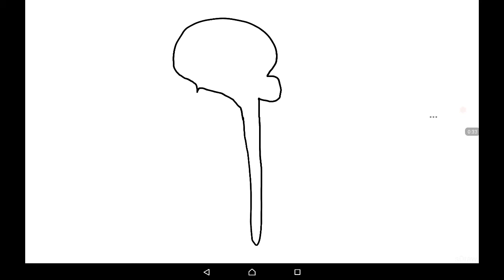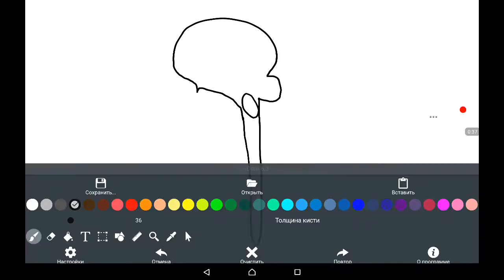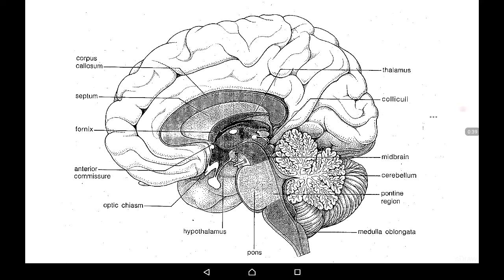The first part is the medulla oblongata, here, also visible here.